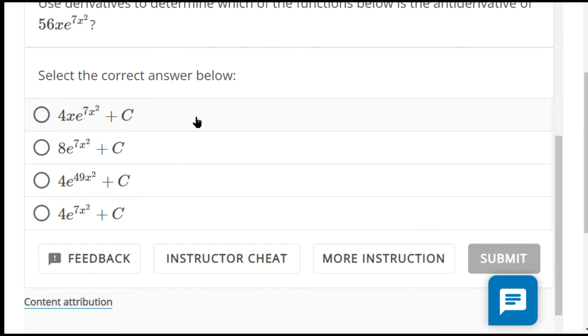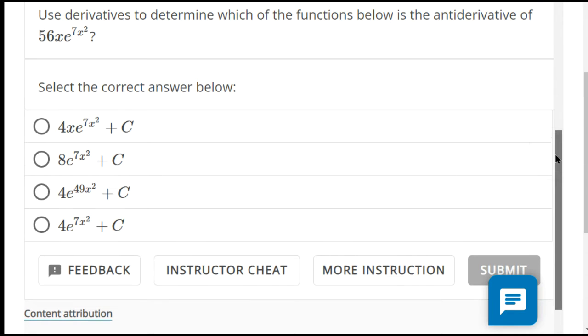Use derivatives to determine which of the functions below is the antiderivative of 56x e to the 7x squared. That essentially is telling you to go through all the answer choices and take the derivative.